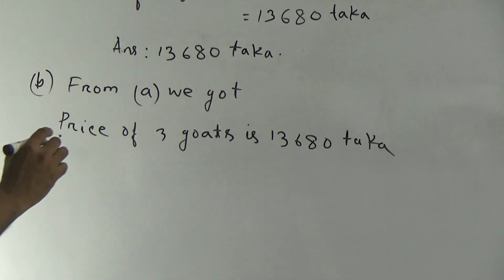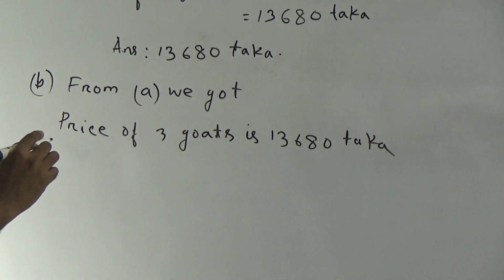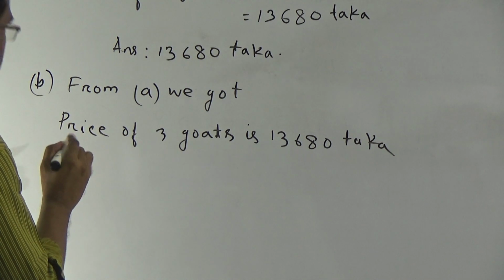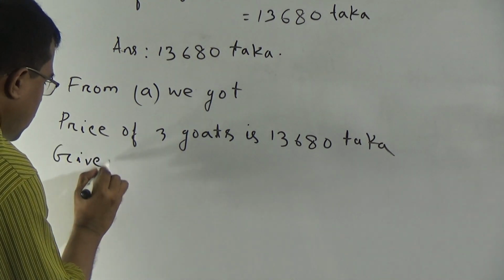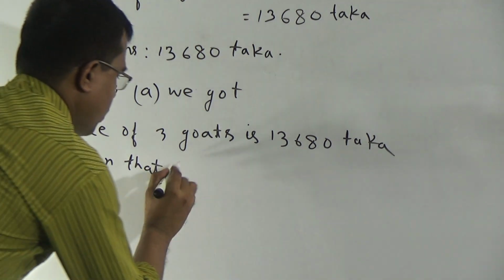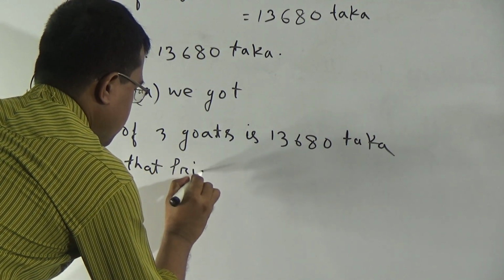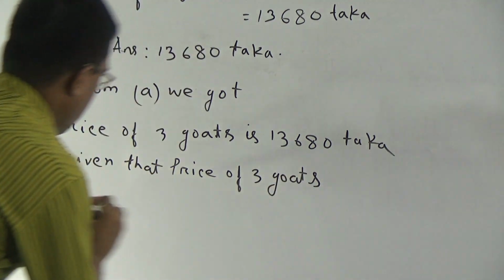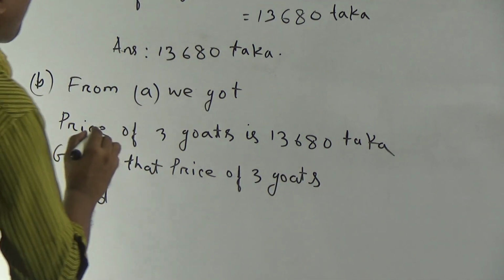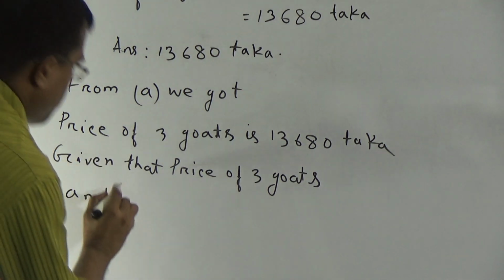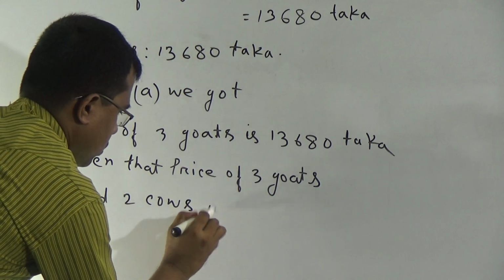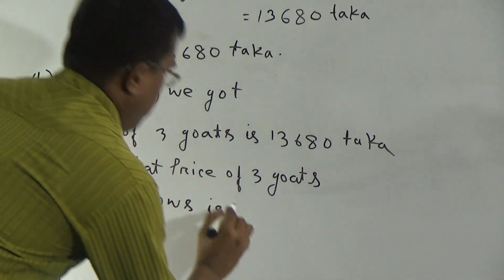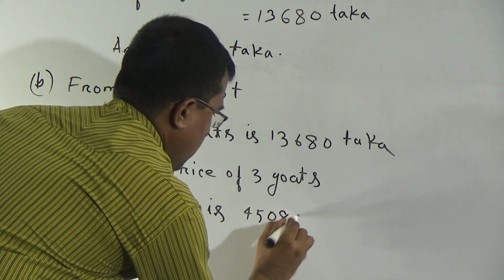And in the question it is given that the price of 3 goats and 2 cows is 45,080 taka.